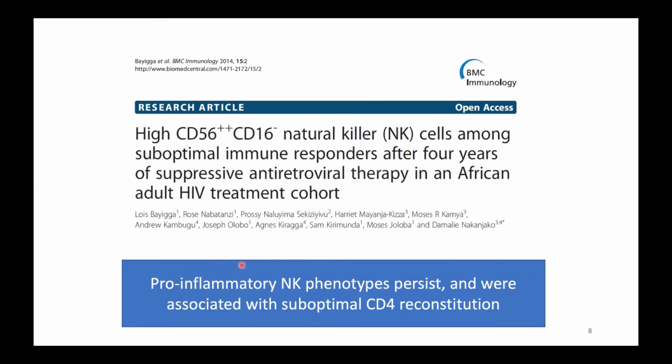And again, it's unclear how this contributes to immunosenescence that HIV itself can cause, especially in individuals with suboptimal CD4 responses.